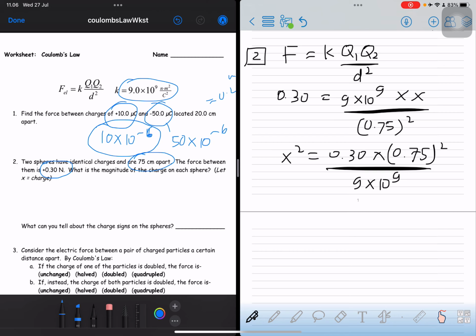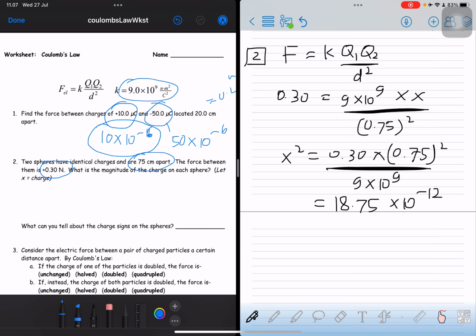How much is X squared? 0.3 times 0.75 squared divided by 9 is about 18.75 times 10 to the power negative 12.